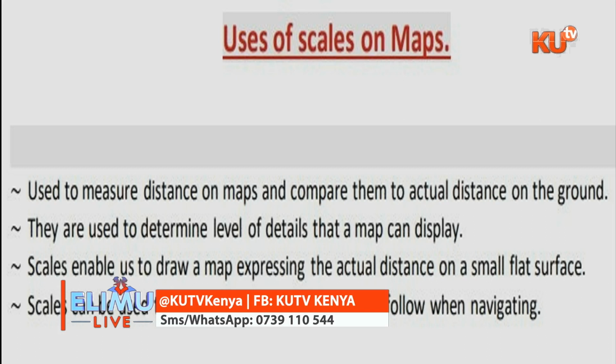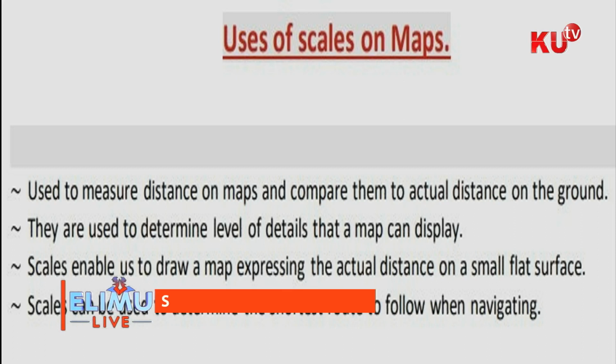Scales enable us to draw a map expressing the actual distance on a small flat surface. As I said earlier, you cannot draw the whole world on a full paper. What you use is the scale.